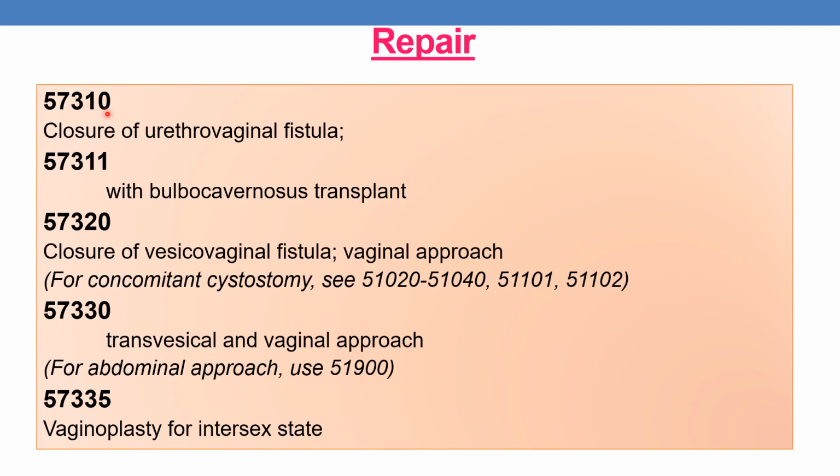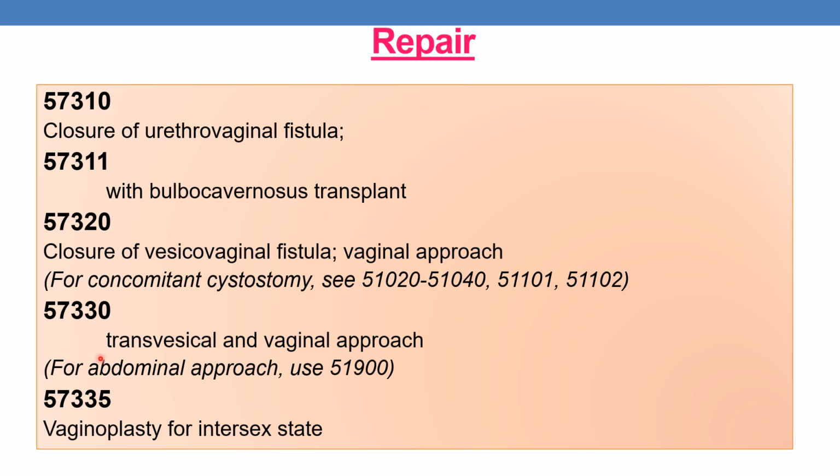The next is 57310. Closure of urethrovaginal fistula. The next is 57311. Closure of urethrovaginal fistula with bulbocavernosus transplant. Next is 57320. Closure of vesicovaginal fistula, vaginal approach.